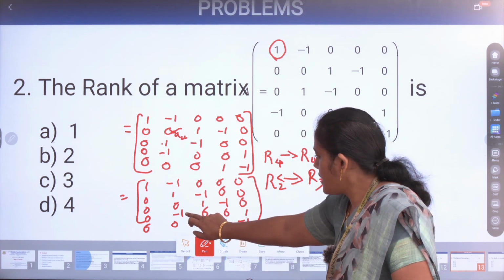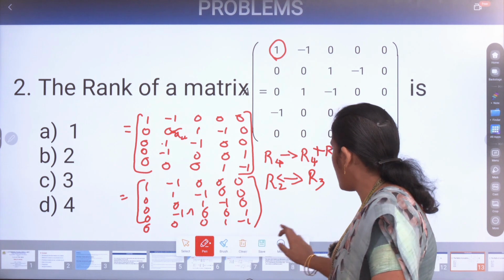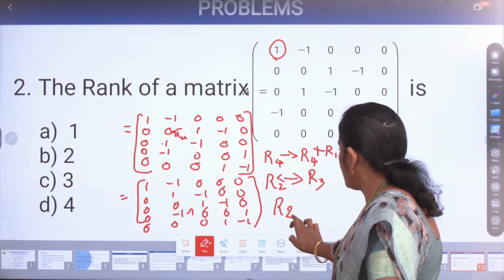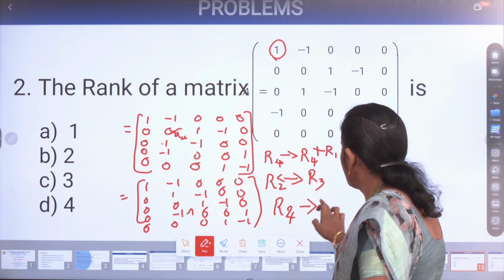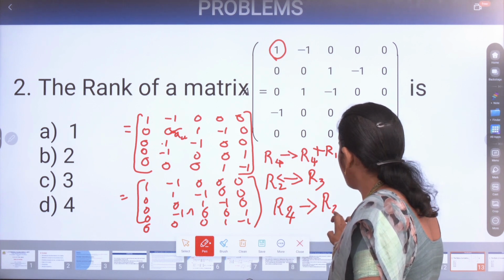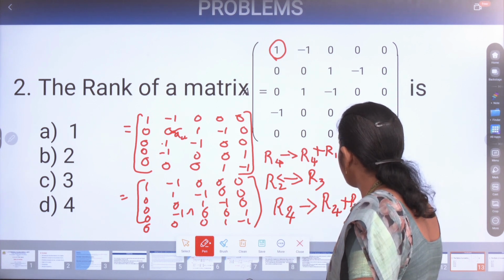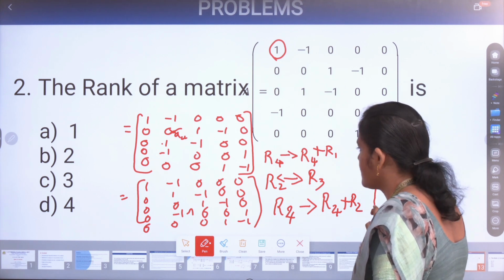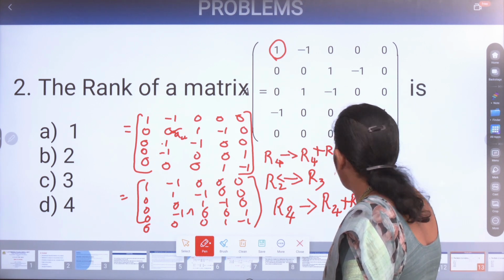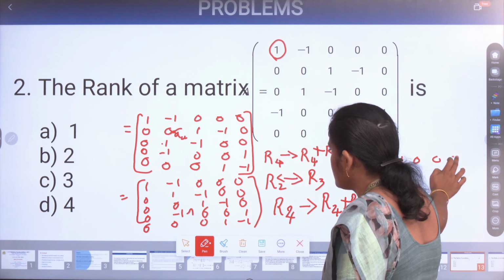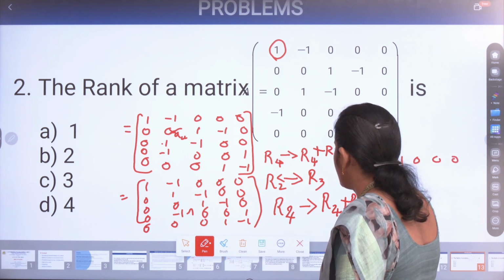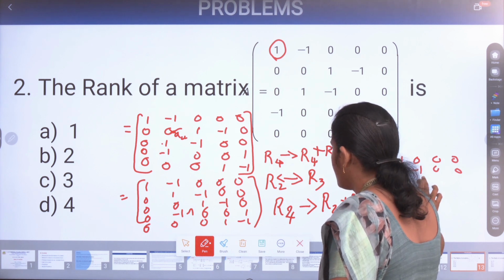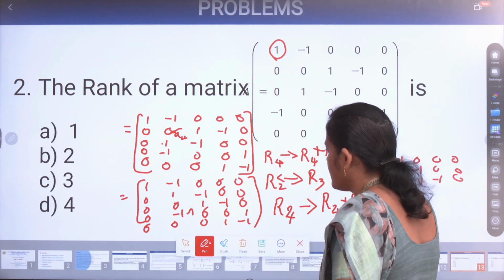Now, this element tends to 0 based on R2 using the operation R4 implies R4 plus R2. So this can be written as 1 minus 1 0 0 0, 0 1 minus 1 0 0. The third pivot element is already 0, no need to simplify that.